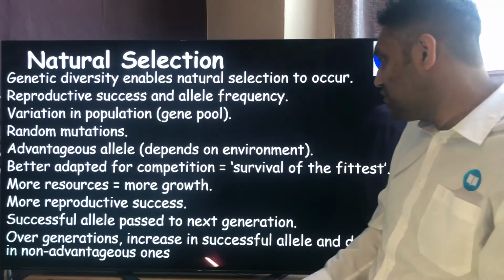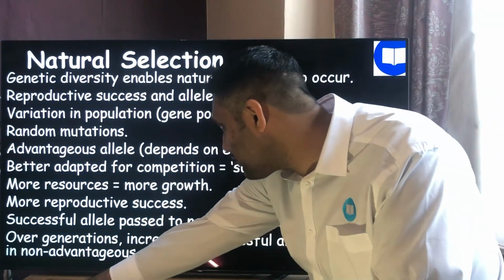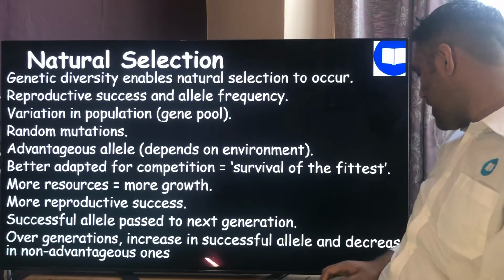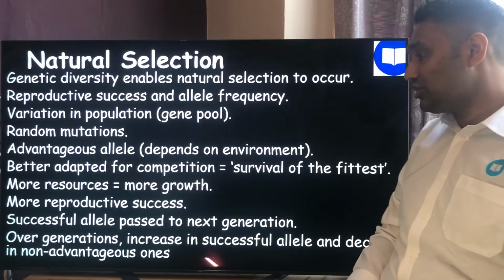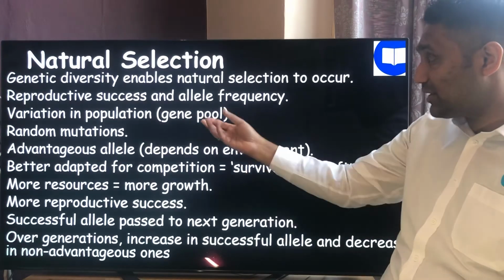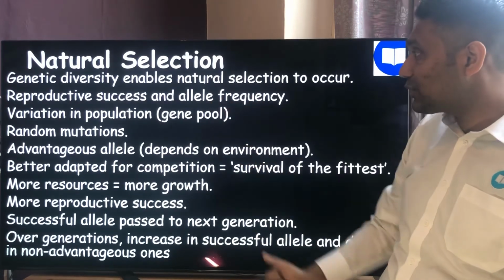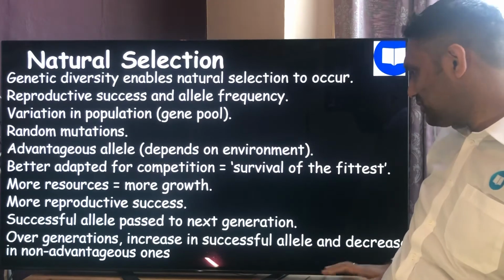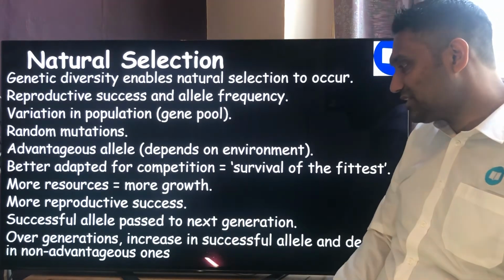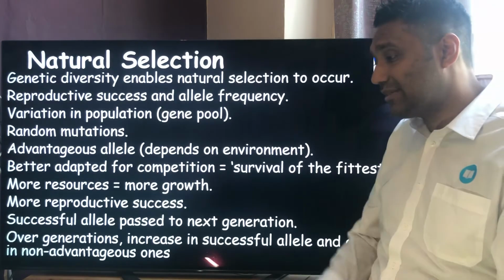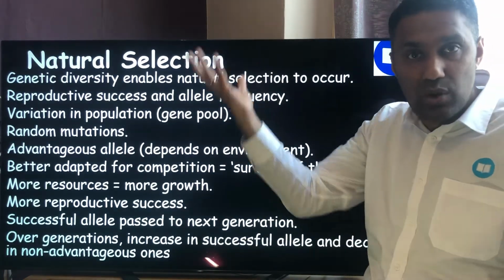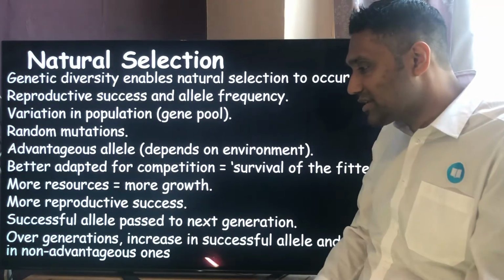So over generations and generations, you increase in that successful allele and decrease in the non-advantageous ones. Because remember we said about the gene pool, it'll increase the allelic frequency of the advantageous one, the successful one, but the disadvantageous or non-advantageous ones will decrease, diminish and get wiped off, okay, because it might become extinct.